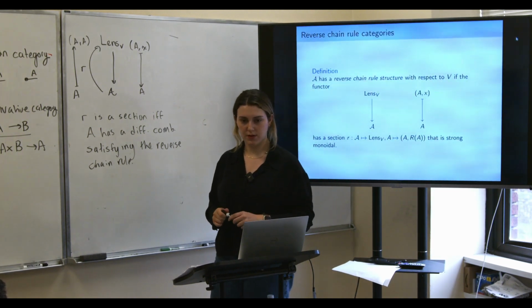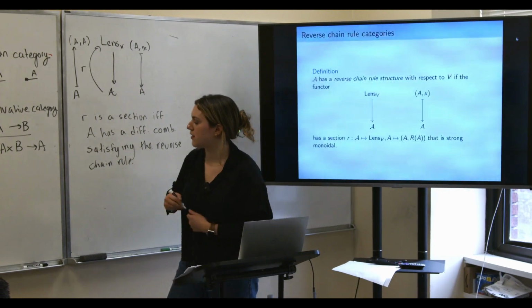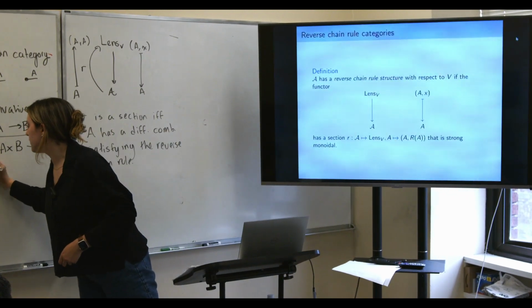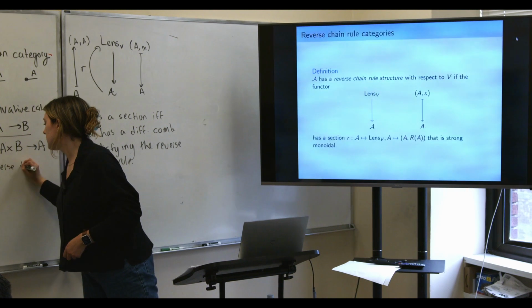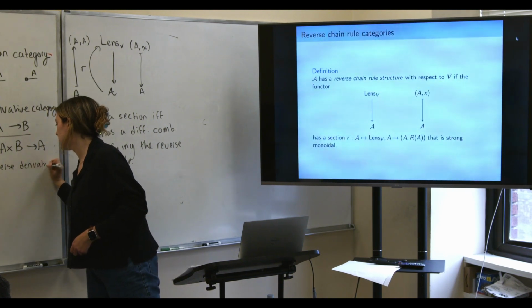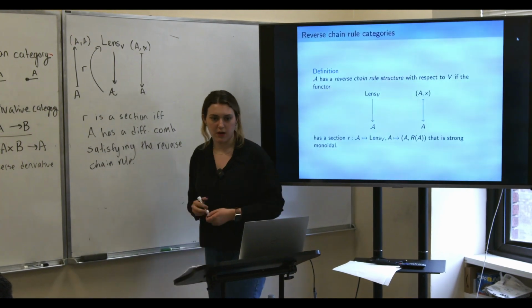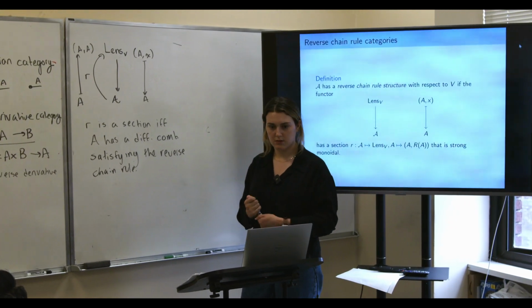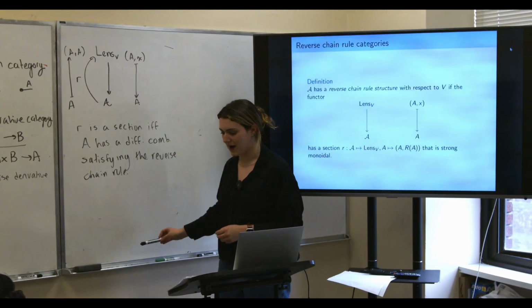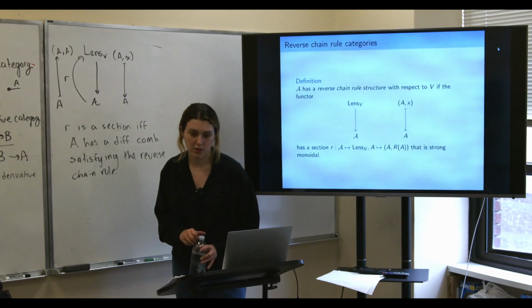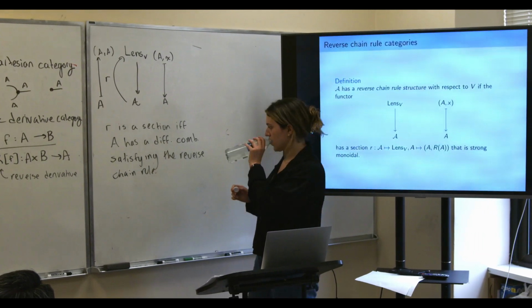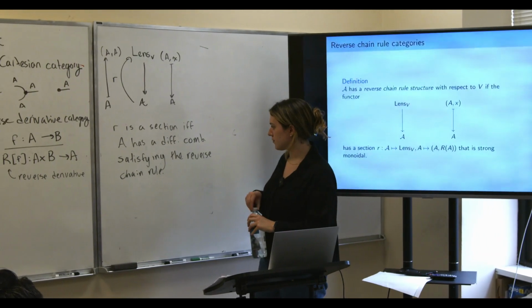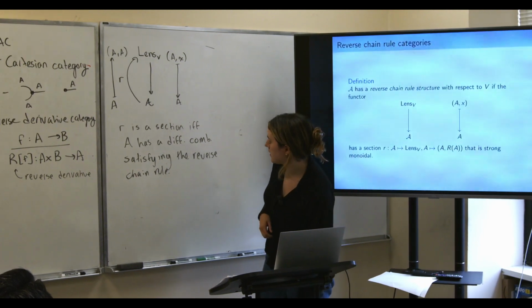Was differential combinator the name you gave? Yes. So this is the reverse derivative. So the reverse differential combinator, this R brackets. And also in the theorem, does it have to be a strong monoidal section? That is an excellent point.